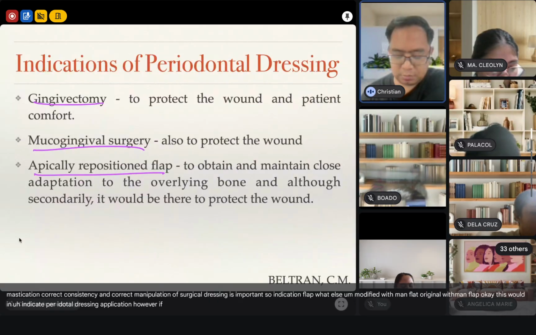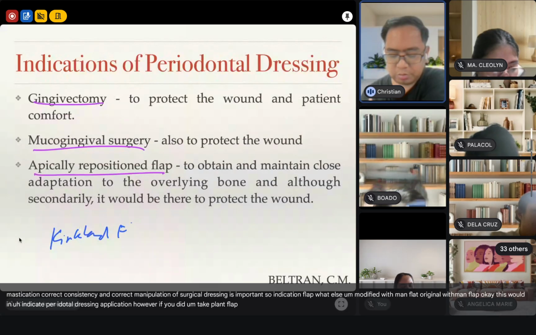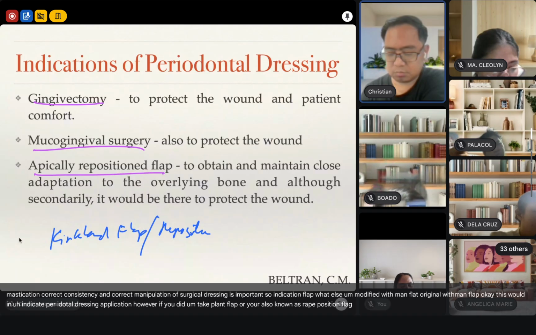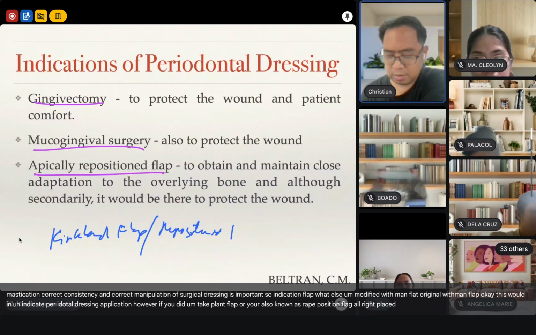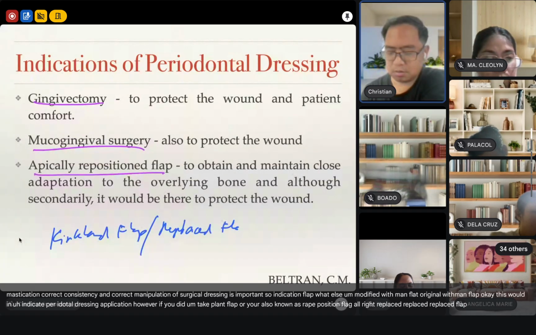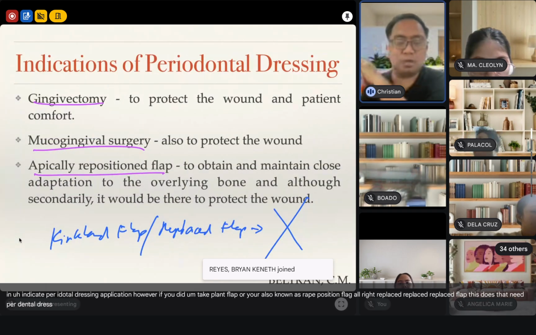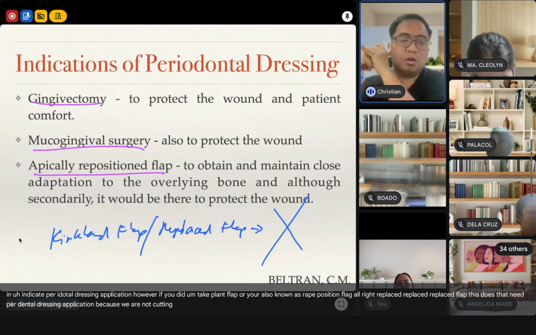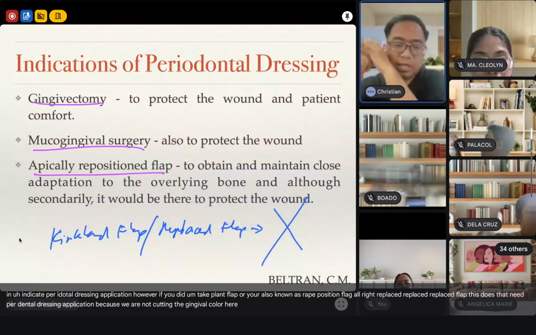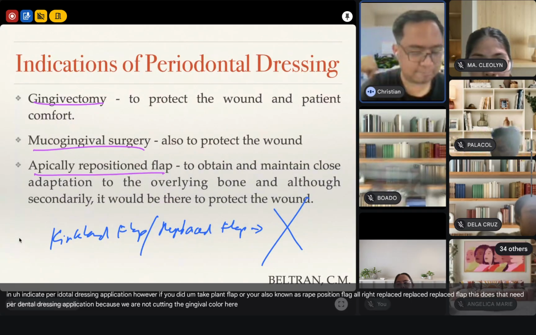However, if you did Kirkland flap, also known as repositioned flap, or the replaced flap, this does not need periodontal dressing application because we are not cutting the gingival collar here. Hindi natin kinakat yung gingival collar.